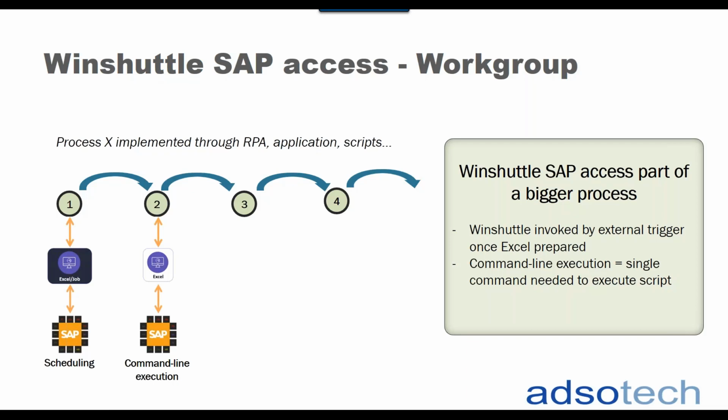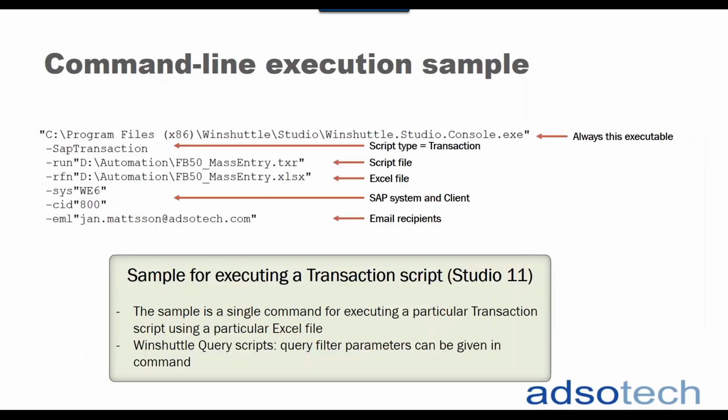You could put it in, for example, a bat file if you like, and execute it from there. It will then take care of the execution, and this can also send an email if you so like, and you don't have to be by the workstation when it's happening. So here is an example of a command line of one command. I will not go through all the details.